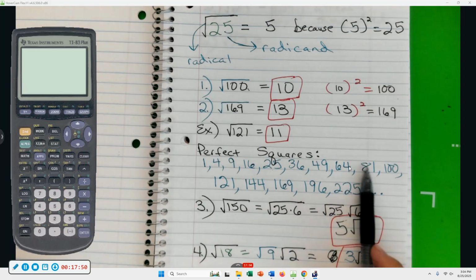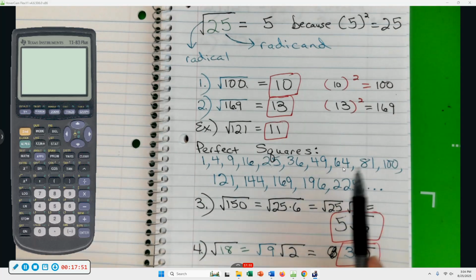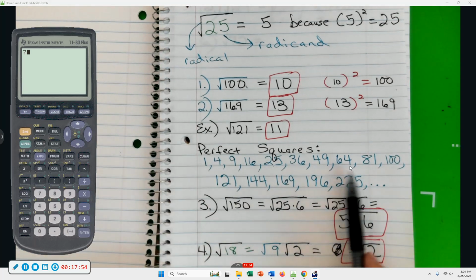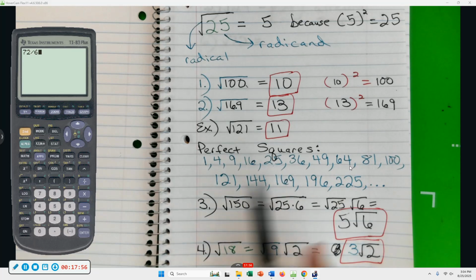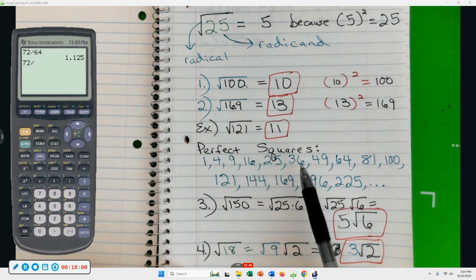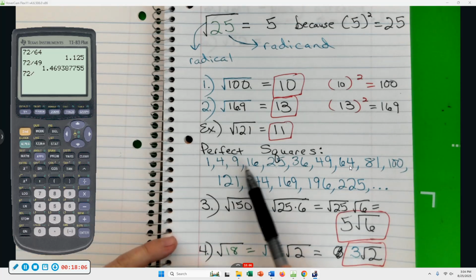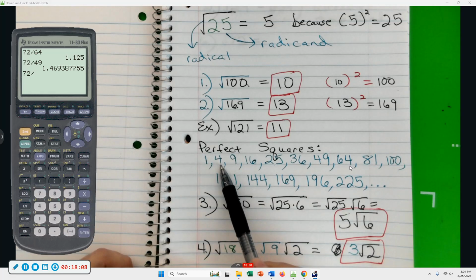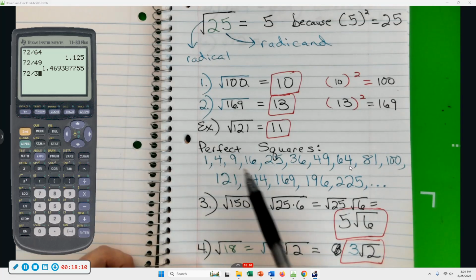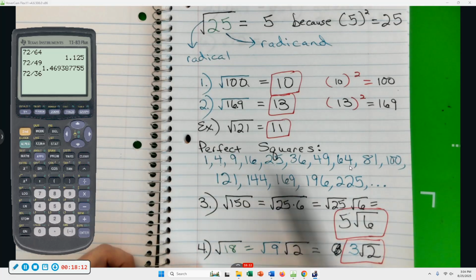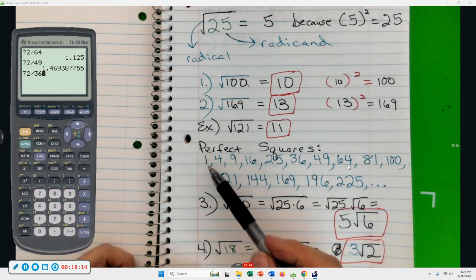It has to be under 72, so it has to be one of these numbers here. 9 goes in evenly, but it's not the biggest. If you use 9, 9 times what gives you 72? 9 times 8? 8 is also divisible by 4. The number under the radical cannot be divisible by any other perfect square other than 1.